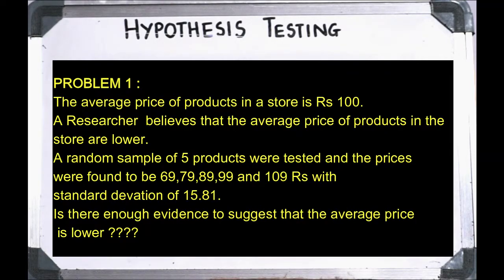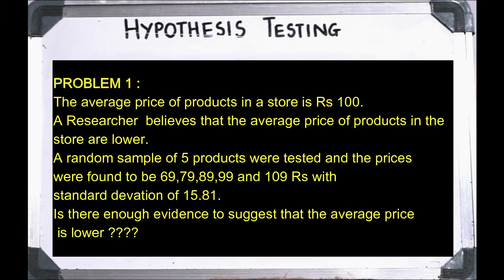This is the sample, and the standard deviation of this sample was 15.81. Now we need to test the hypothesis and check whether there is enough evidence to support the claim of the researcher.